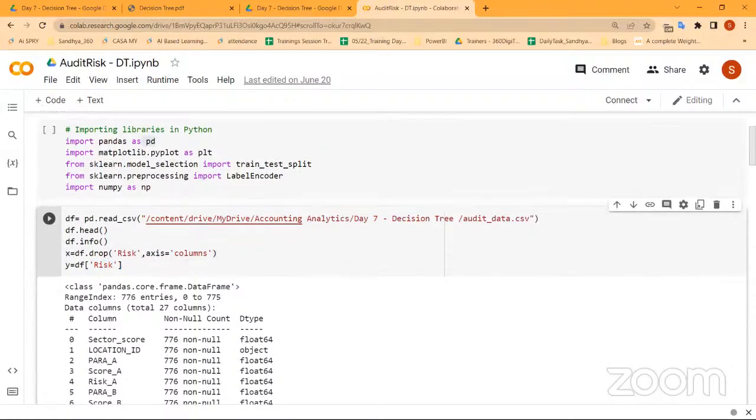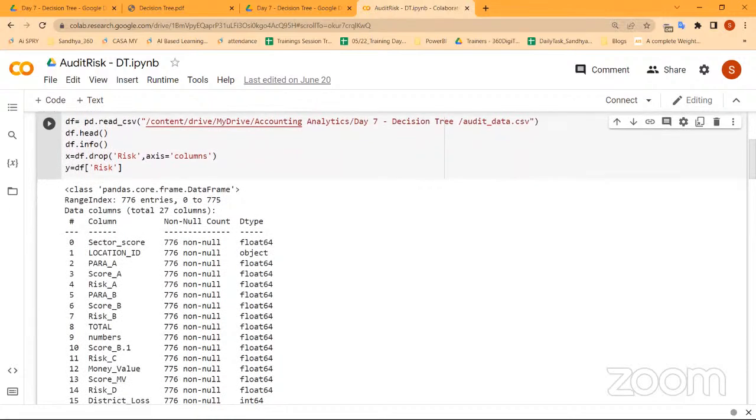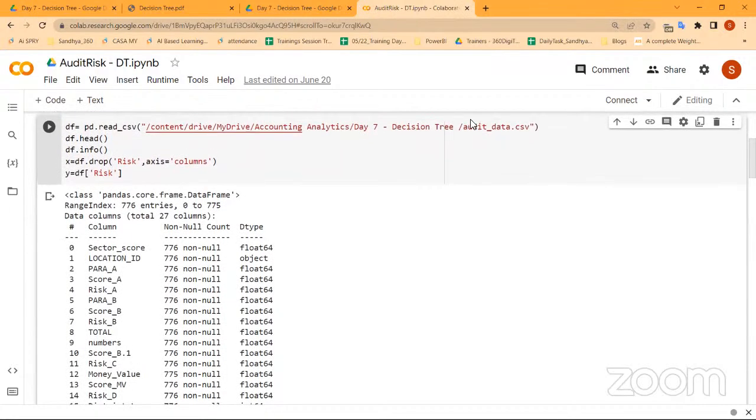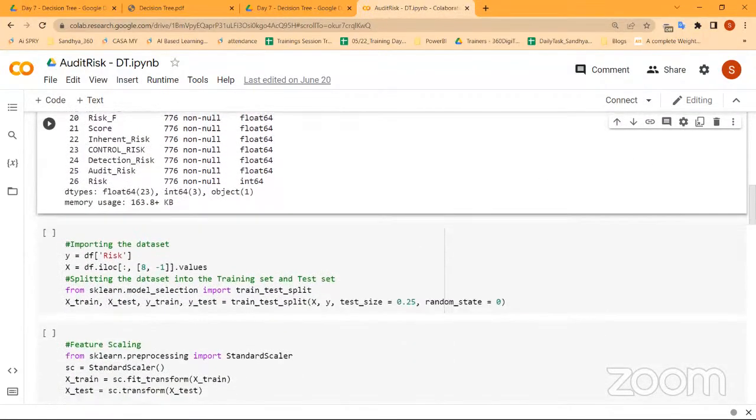Input is nothing but the independent data, independent columns, independent variables, whereas Y, the output, is the dependent variable. Output is dependent on input. Y is dependent on X. Risk is dependent on various types of risk. So this is how we have the data, friends.